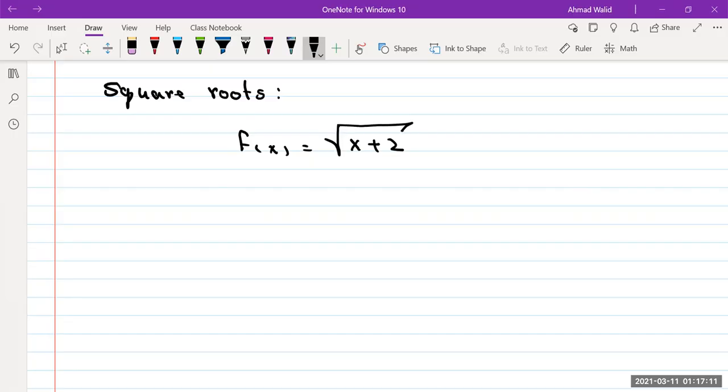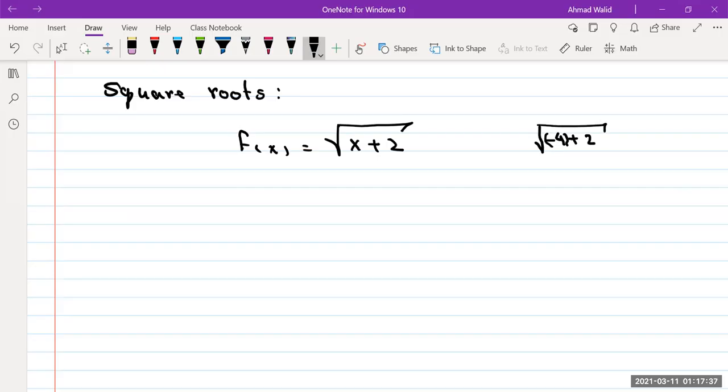The square root function also has a restriction. Why? Look, if I have x plus 2, right? If I plug in x, for example, negative 4 here, what will happen?